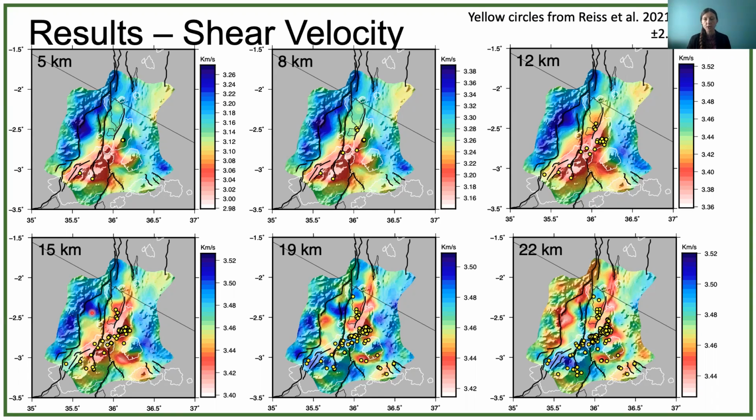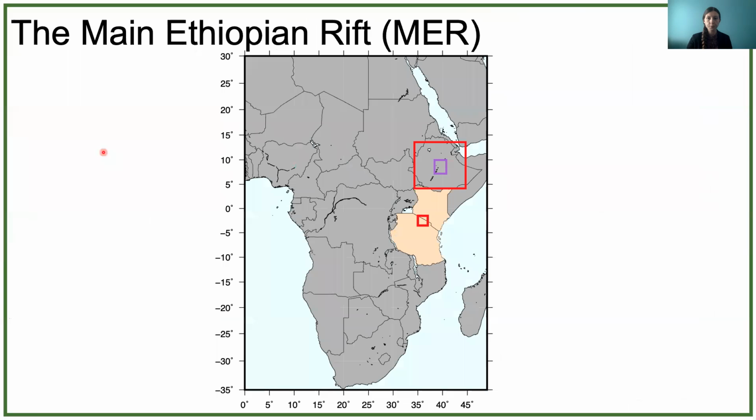The seismicity and velocities agree with this, with lower velocities and increased seismicity in the mid to lower crust, with little activity in the upper crust. The low velocities in the crater highlands, though, so at shallow depths of about 5 kilometers, are likely from unconsolidated sediments and ash, in contrast to the faster surrounding rocks, due to surface geology studies.